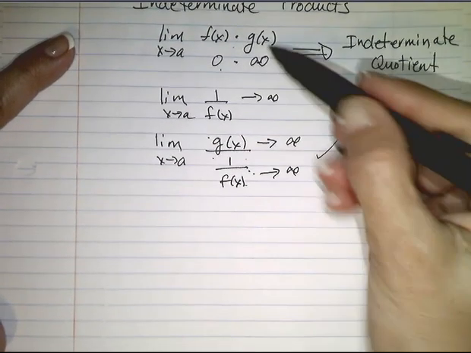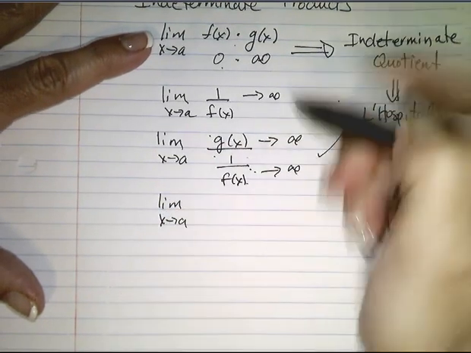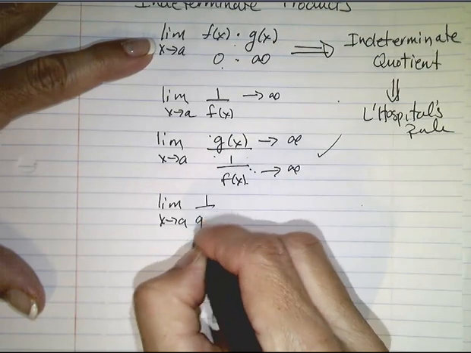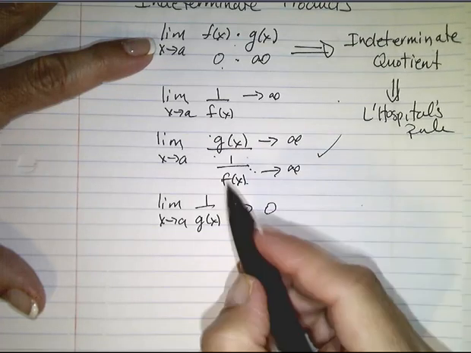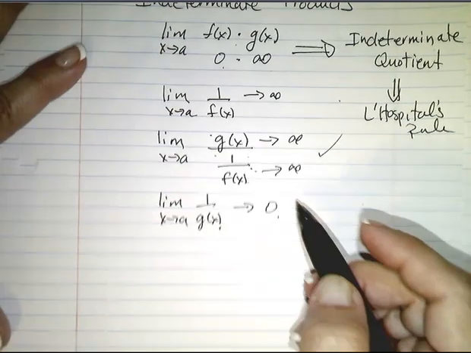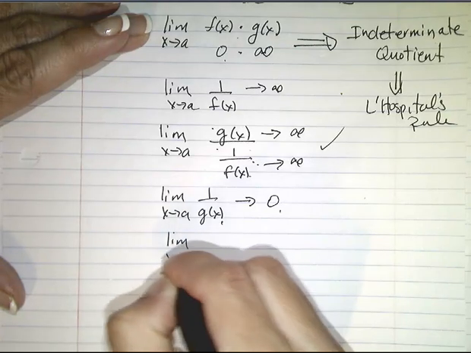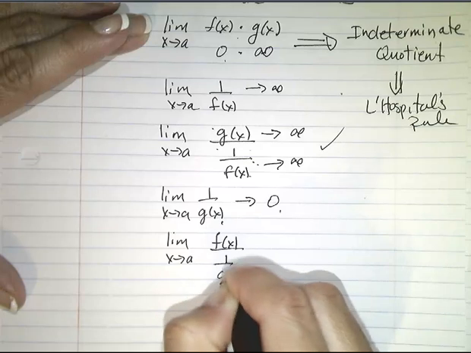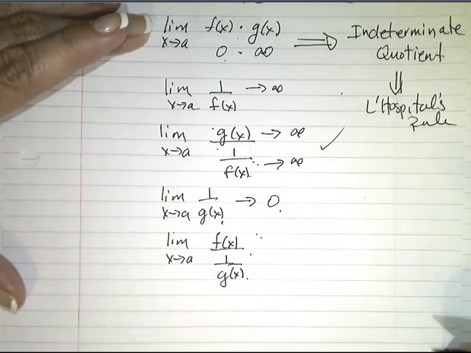I could have moved the g to the bottom, and notice that if g goes to infinity as x goes to a, then 1 over g of x goes to 0, right? If the top goes to 1 and the bottom goes to infinity, then 1 over that goes to 0. So we could write our original limit as the limit as x goes to a of f of x over 1 over g of x, because 1 over g is just g.